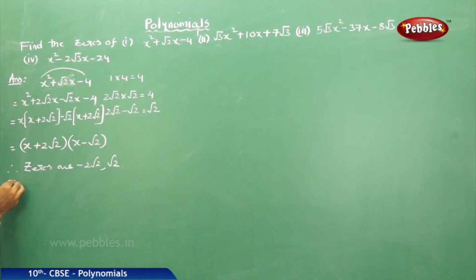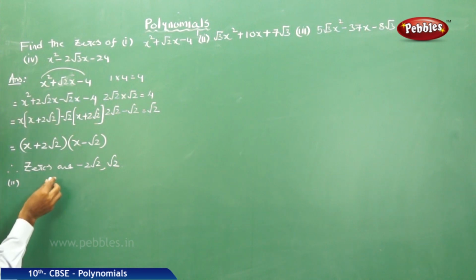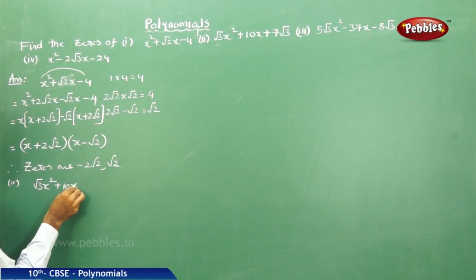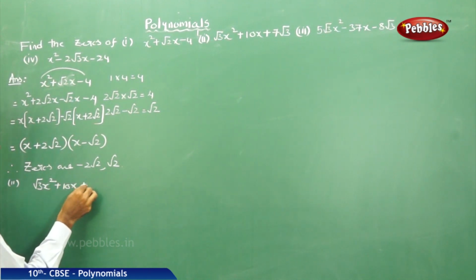Next, come to the second question, that is root 3x square plus 10x plus 7 root 3.